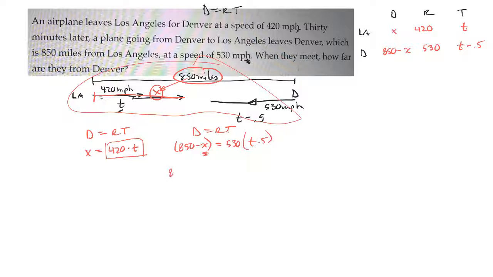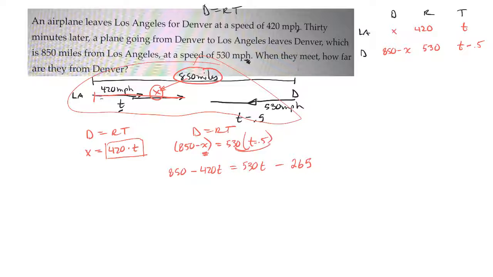So I'll have 850 minus 420T is equal to, and let's multiply this through, 530T minus, yeah, minus 0.5 times 530. Half of 530, what would that be? 265? 265, yeah, good.